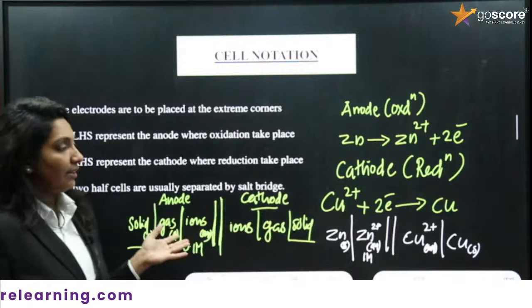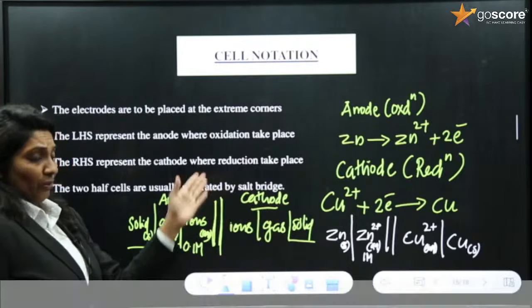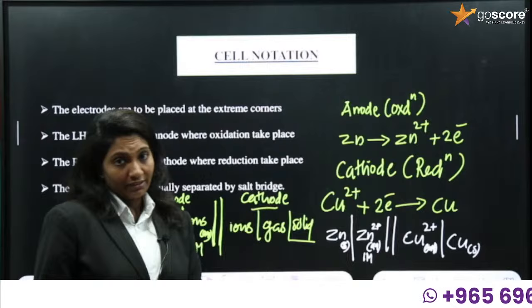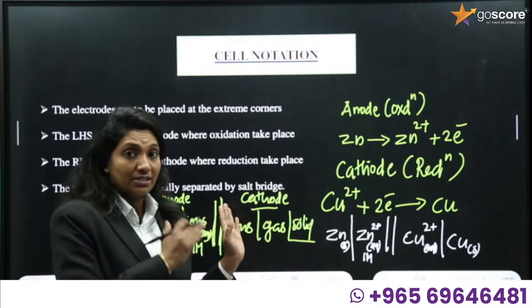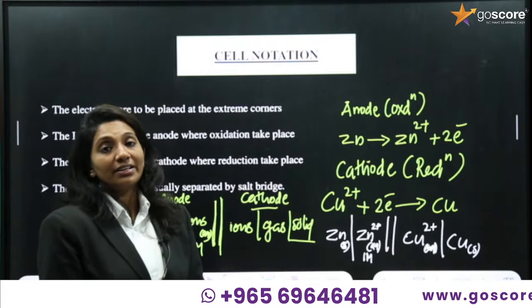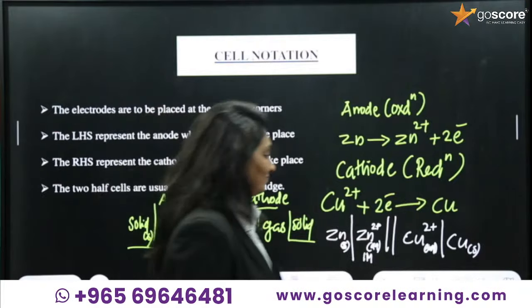It's very easy, right? We have to write the electrodes on the extreme corner. The only thing is the anode should be on the left hand side, the cathode should be on the right hand side, and these half cells, the oxidation half cell and the reduction half cell, should be separated with a double line that indicates the salt bridge, right?